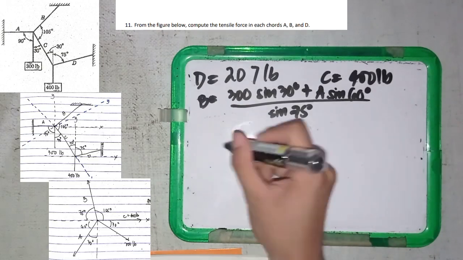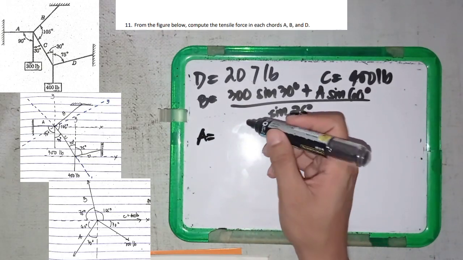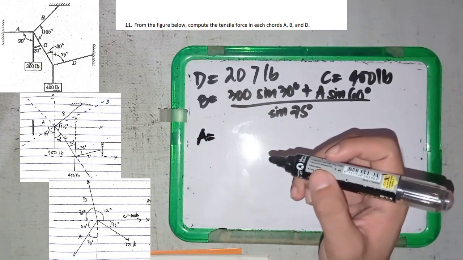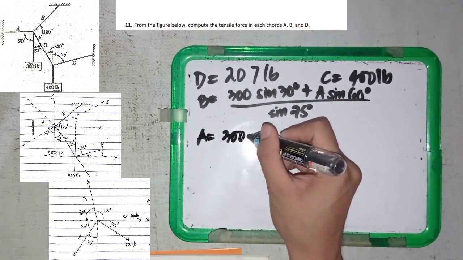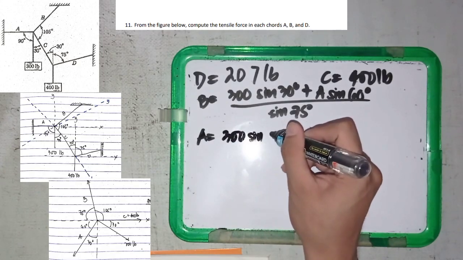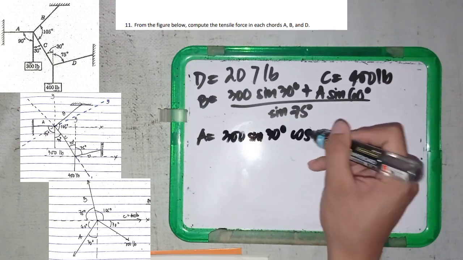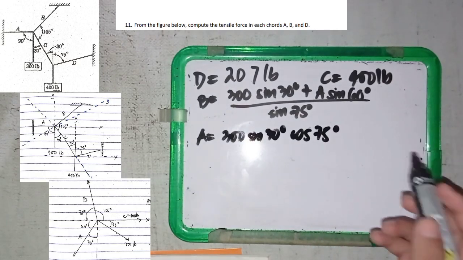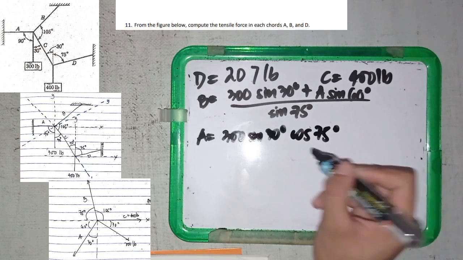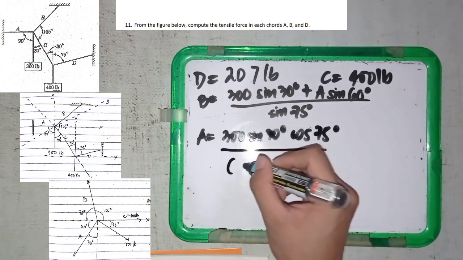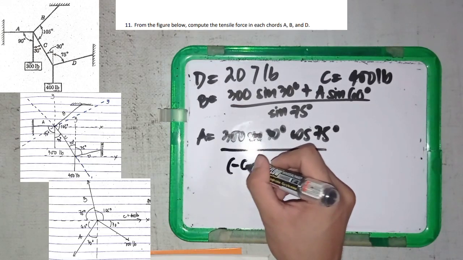next, a will be 300 pounds times sine 30 degrees times cosine 75 degrees. This was derived from the previous equation to isolate a, or to find a.